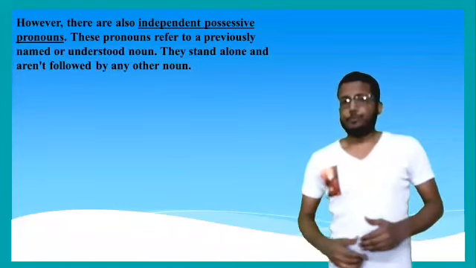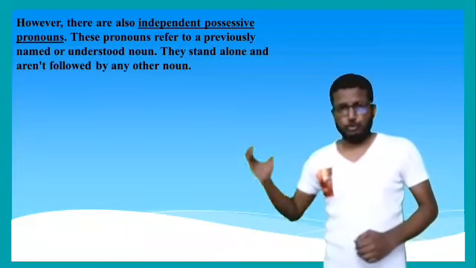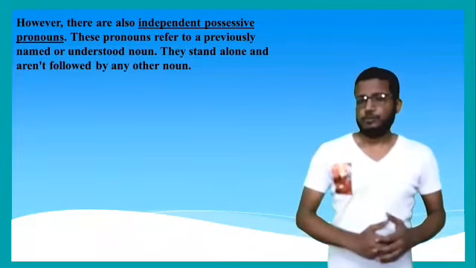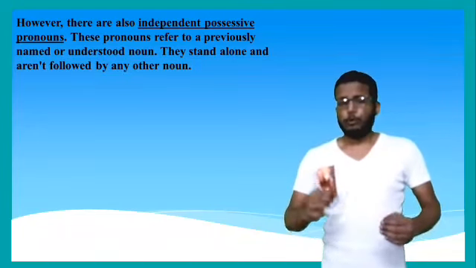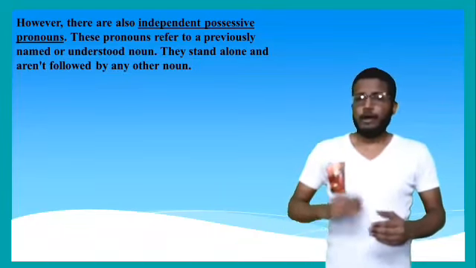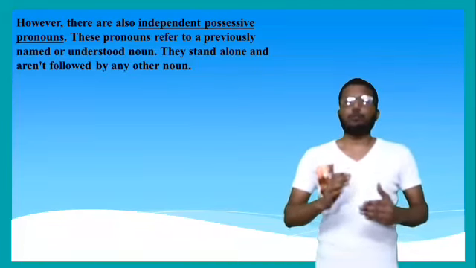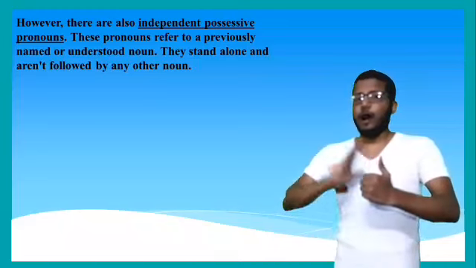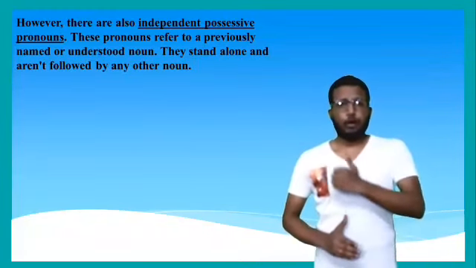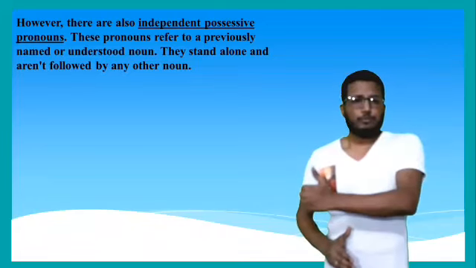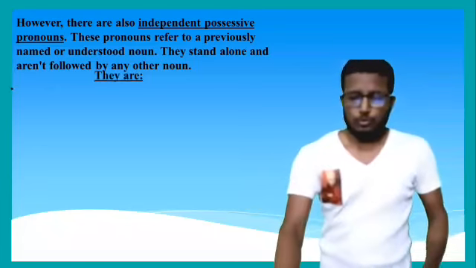So the possessive pronouns that we have learned just before, with examples like my pen, my book, his book, his uncle, his father, with these types of words we need an object. Now the possessive pronouns that I brought to you, these are also possessive pronouns, but they don't need such types of objects.